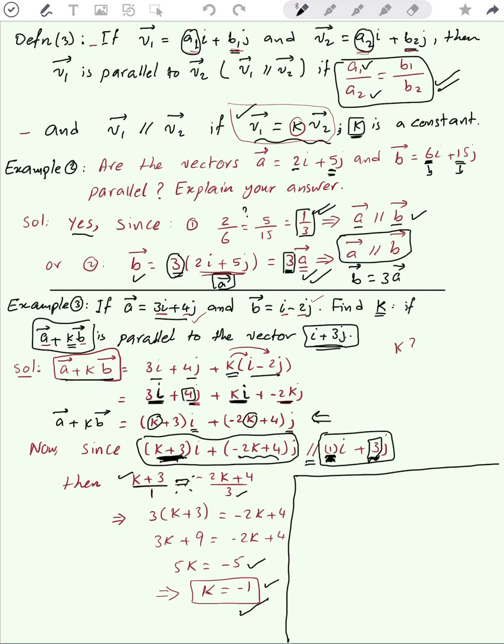We can check, dear students. So A plus kB is equal to, this is the vector A plus kB.